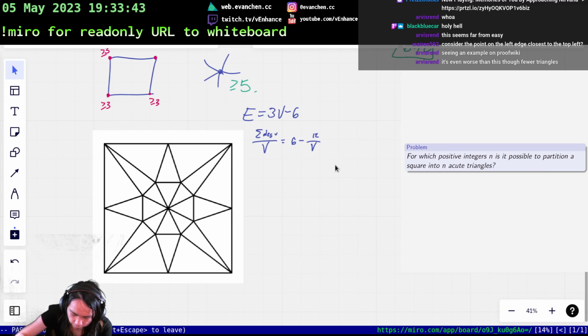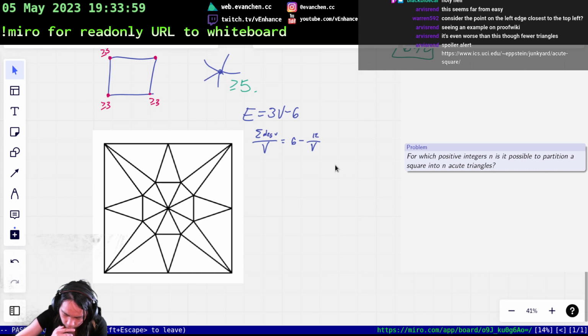Consider the point on the left edge closest to the top left. Wait.